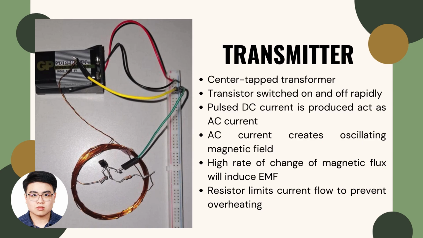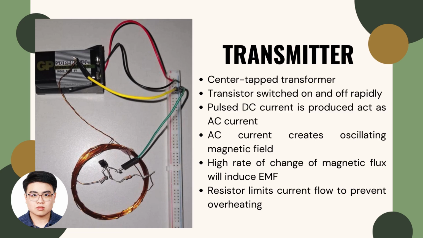Now for the working principle, when the transistor is connected like that, it will switch on and off rapidly. Therefore, a pulsed DC current is produced that acts as an AC current flowing in the copper windings, and this AC current creates an oscillating magnetic field.